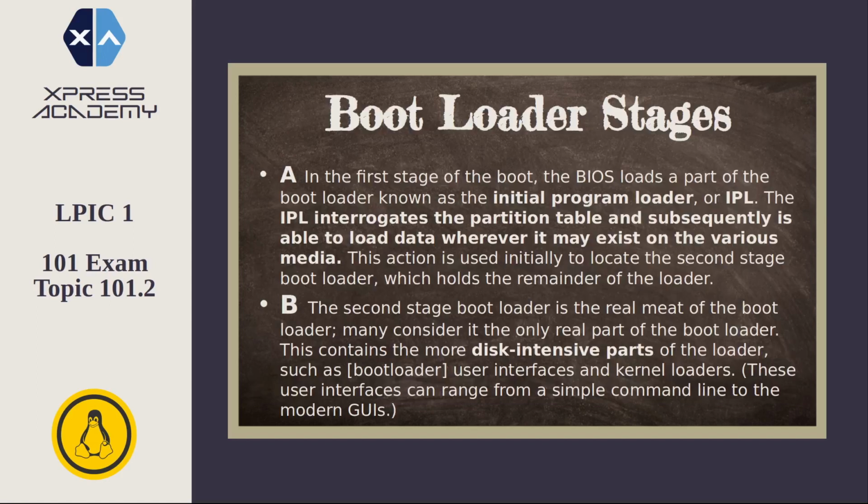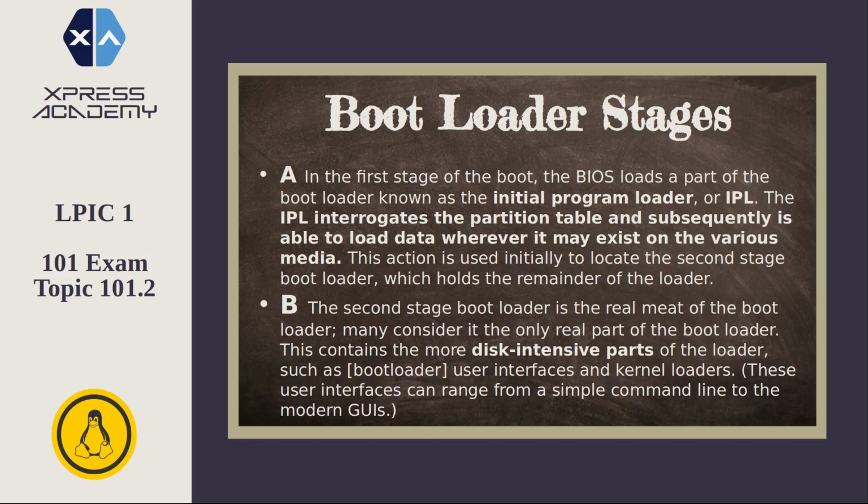In the first stage of the boot, the BIOS loads the part of the bootloader known as the initial program loader, or IPL. The IPL interprets the partition table and subsequently is able to load data wherever it may exist on various media. This action is used initially to locate the second stage of the bootloader, which holds the remainder of the loader.